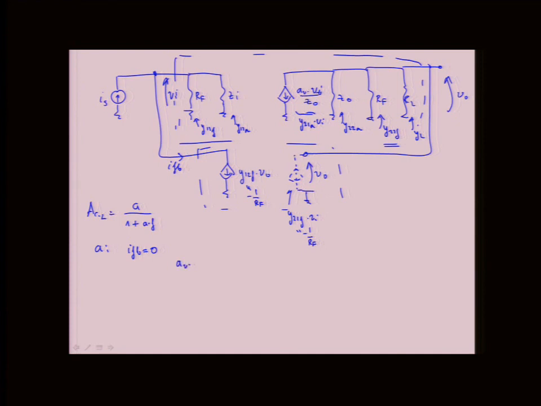And so that will be AV times VI over Z0, that's my source. And that equals V0 over Z out in parallel with RF in parallel with RL. And then VI will be IS times RF in parallel with ZI.